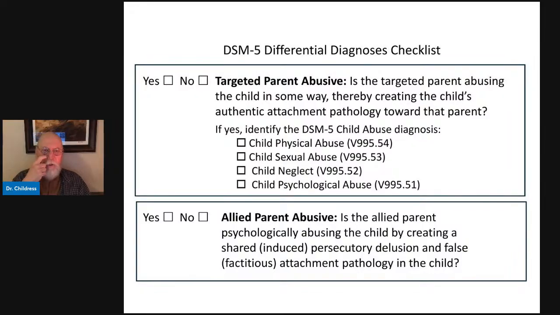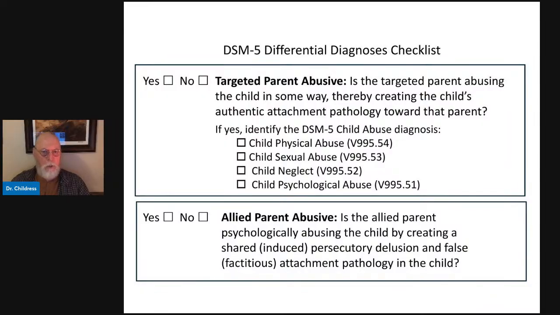And then we look at the delusional disorder, that the allied parent is psychologically abusing the child by creating the shared induced persecutory delusion and false factitious pathology in the child. So there it is. There is your differential diagnosis. You want a mental health professional to properly assess your family, and answer yes or no to those two questions.